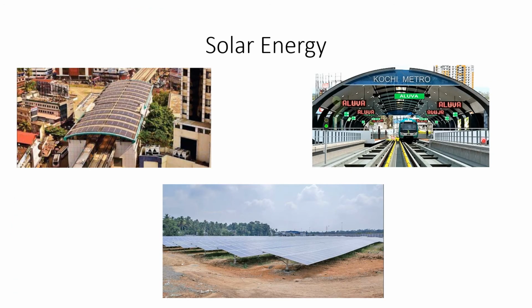And a similar type of solar energy plant is there for Kochi metro station also. Kochi metro also nowadays uses solar energy. You can see this on the rooftop of the power stations. Solar panels are installed on a large area of land near Kochi metro yard in Kalamassery.